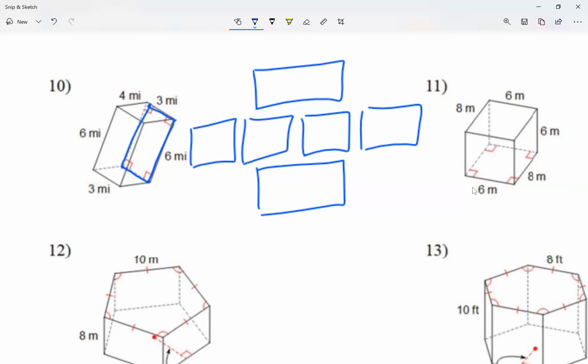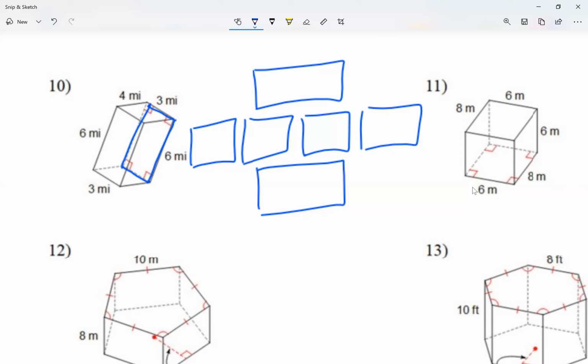Yesterday, with triangular prisms, we only had three rectangles on the inside, because the triangle only had three sides. But now, because the base has four sides, I need four rectangles on the inside. So I need four walls to complete this room.